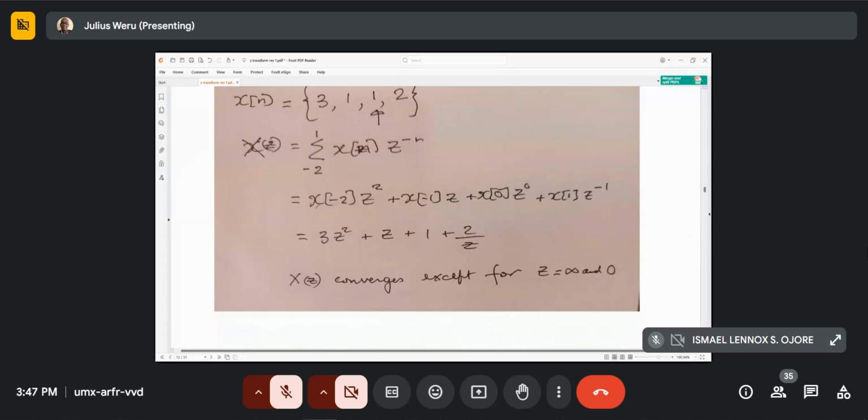If you put in the values of these samples for x, and then put the values for n, we get that. And you can see it converges except at 0 and infinity. Infinity because of this term and this term, 0 because of this term.